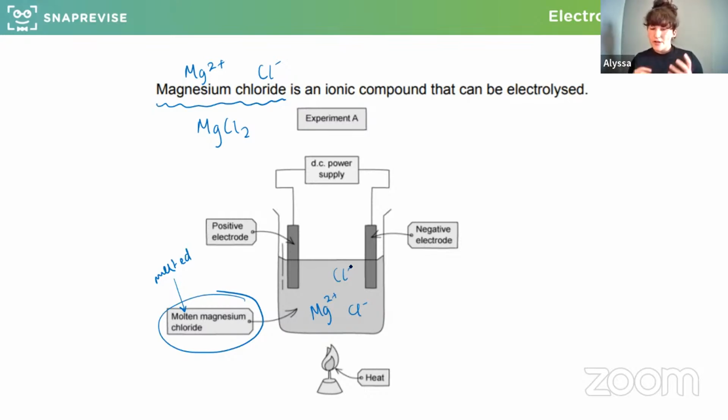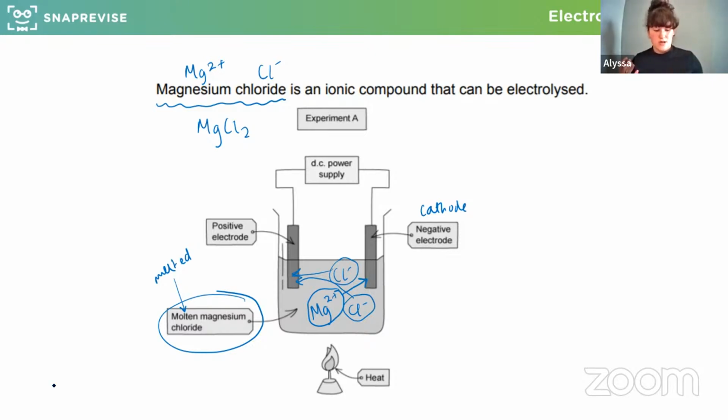The cathode is the negatively charged electrode because positive ions are attracted to it. And then just so that we've done it completely, our negative ions would be attracted to the positive electrode.